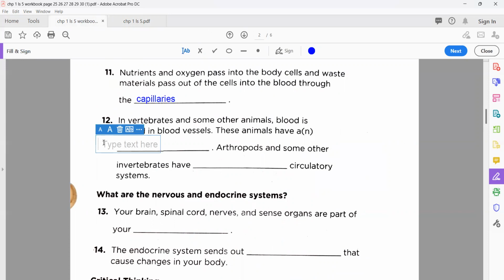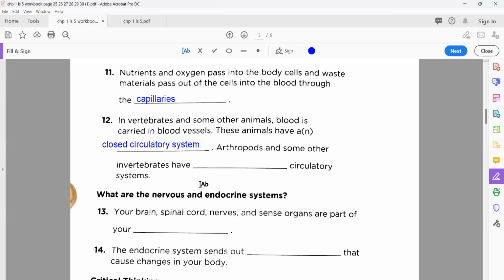we can say that this is your closed circulatory system.